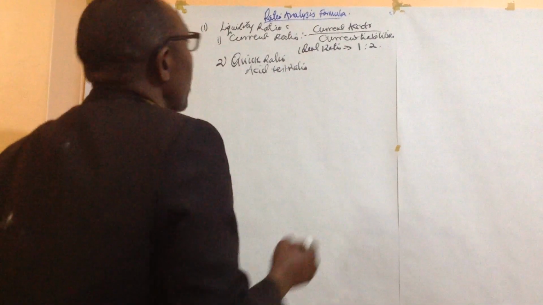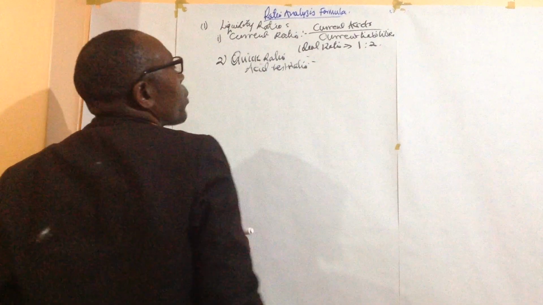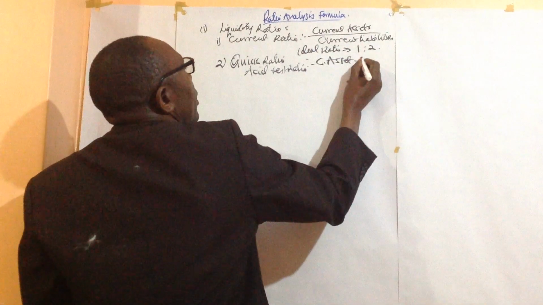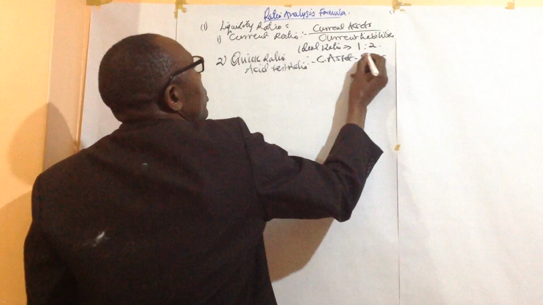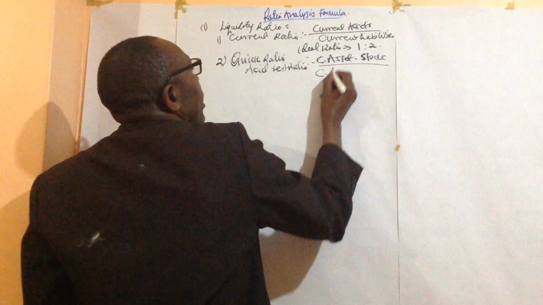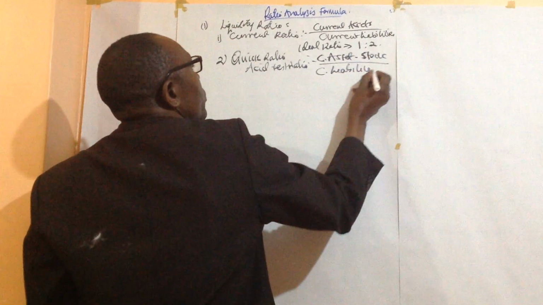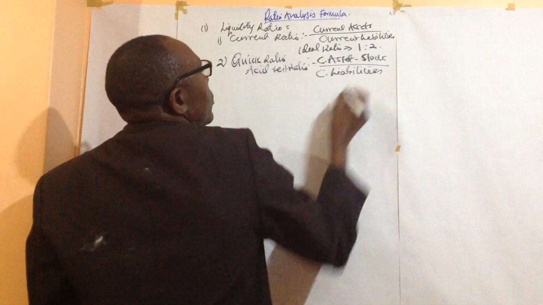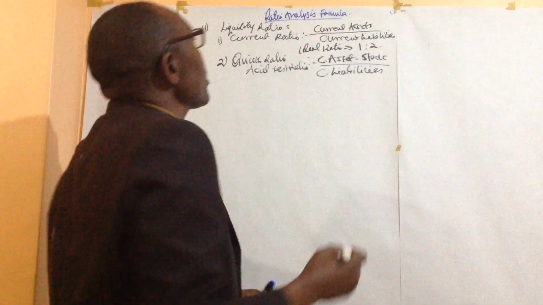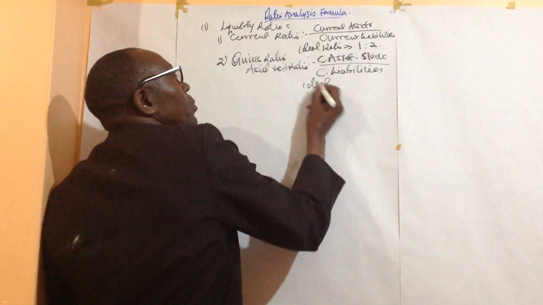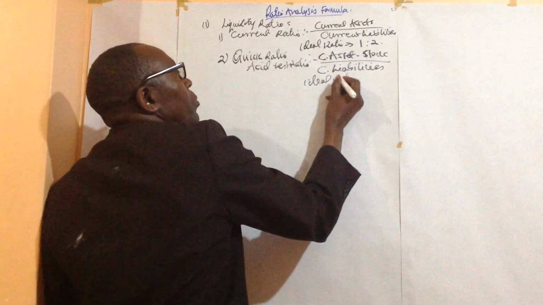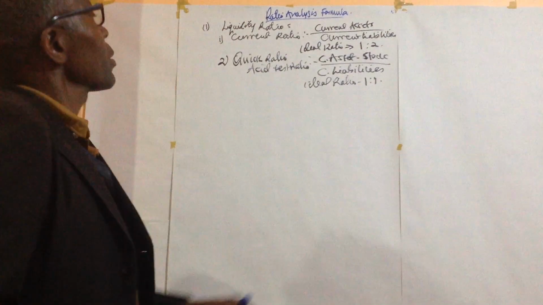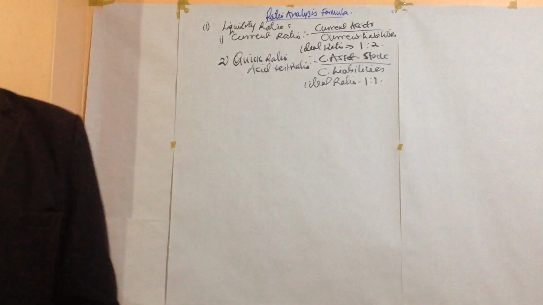The formula is current assets minus stock over the current liabilities. And the ideal ratio here is 1:1.